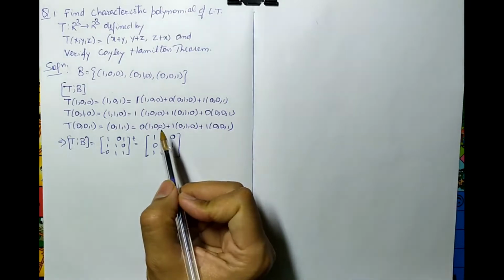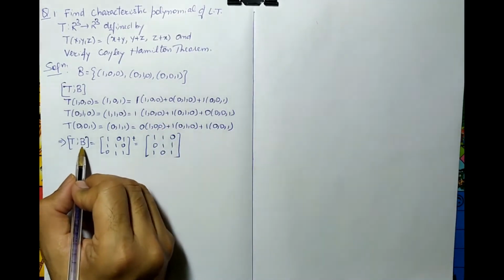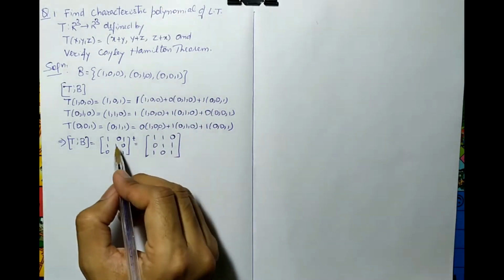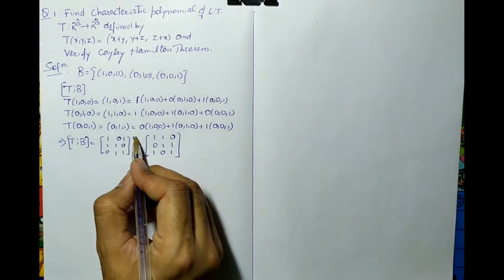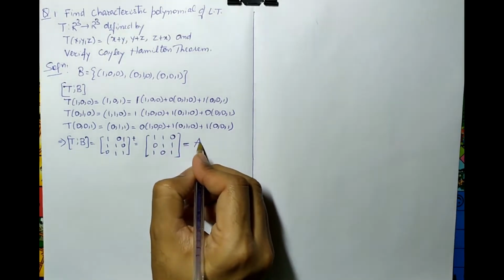After writing these linear combinations, we know the matrix of T relative to B is the transpose of the coefficient matrix. So this is the coefficient matrix, and taking its transpose we get this, and we let this be our A.